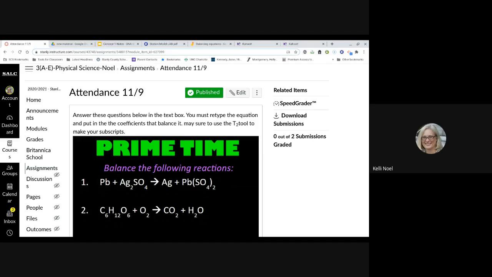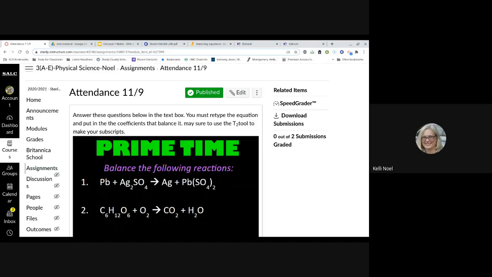4 Ag. So I put a 4 in front of the Ag. So your answer would be Pb plus what I call big 2, Ag, little 2, SO4, little 4, yield 4Ag, so big 4, Ag, plus Pb(SO4)2.